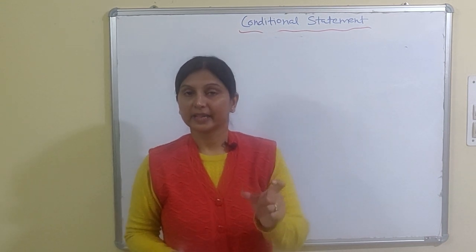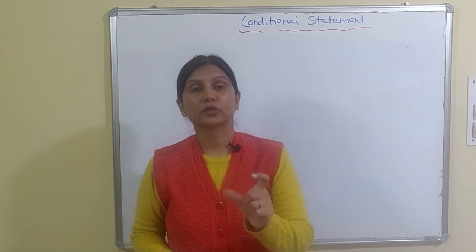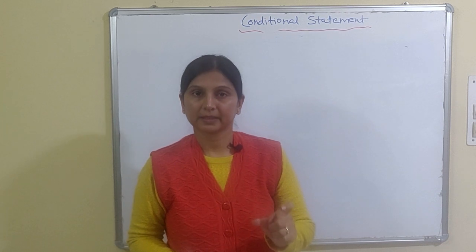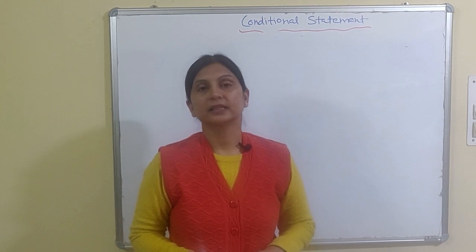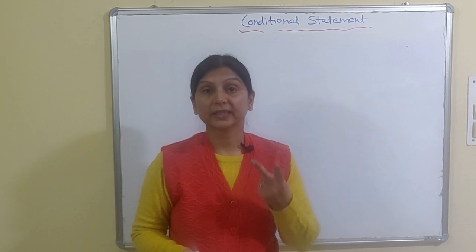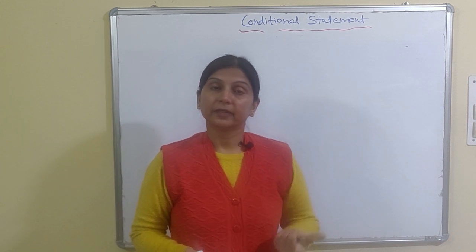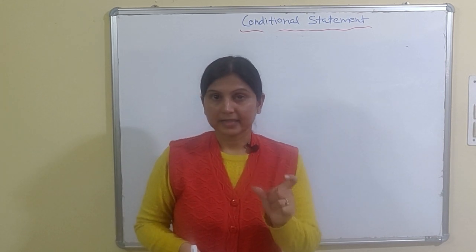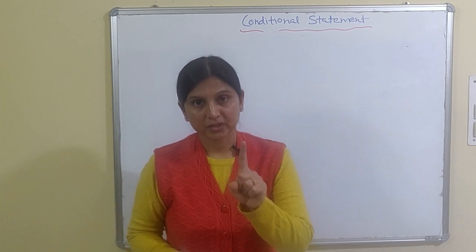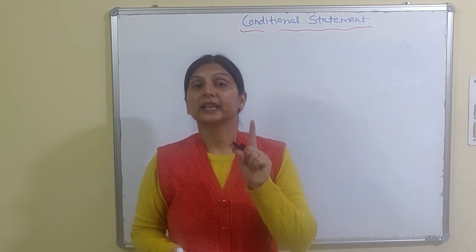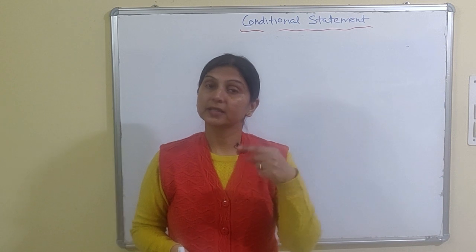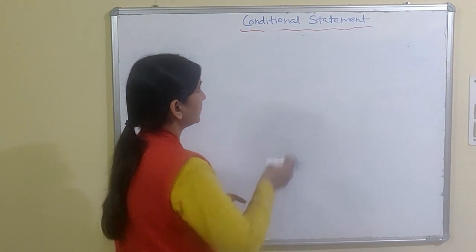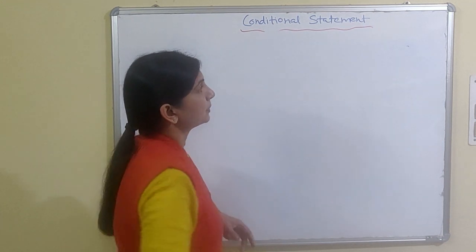If sum of angles equals 180, then display supplementary. Else neither supplementary nor complementary. So two conditions are there. So when we use if then else, you use it when only one condition is there. If then else if you use when there is more than one condition. Fine. See, when I make the program, then it will be more clear.